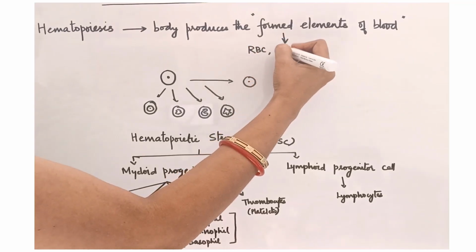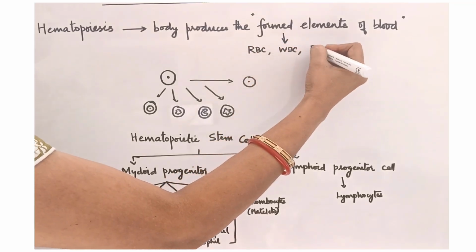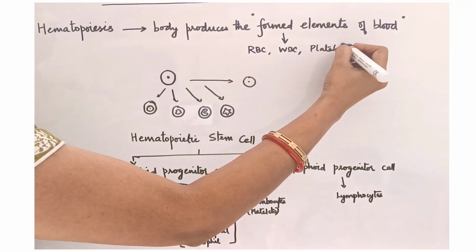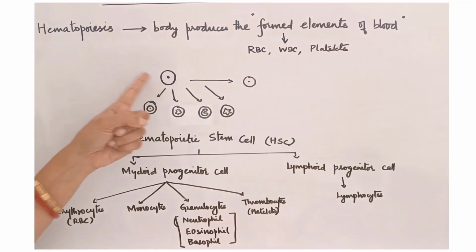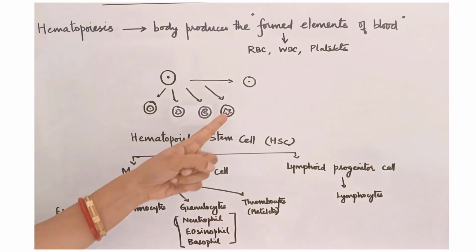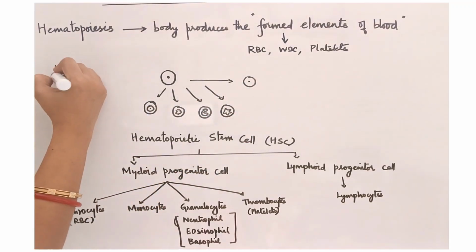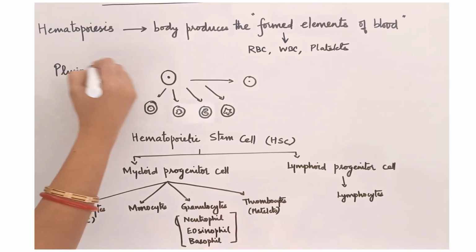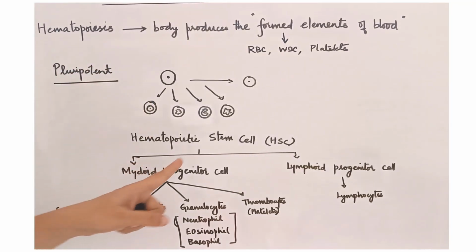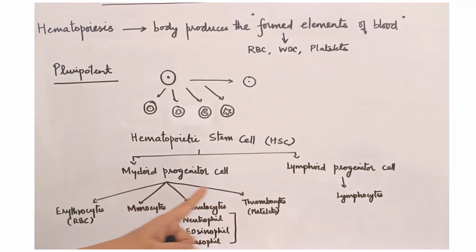So all the cells develop from a primitive stem cell which is pluripotent, meaning it can differentiate into any kind of cell as well as retain its original stem cell abilities. This pluripotent stem cell is the hematopoietic stem cell, which differentiates into a myeloid progenitor cell and a lymphoid progenitor cell.